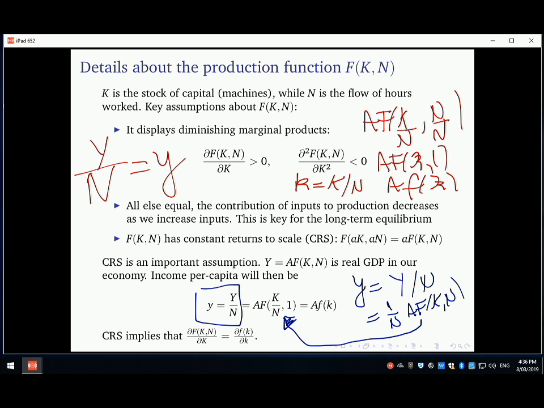Yeah, so income per capita by definition is little y, right? Or are you asking why income and not product, output? I don't quite understand your concern, sorry. Yeah, which is income per capita, or GDP per capita, or output per capita.